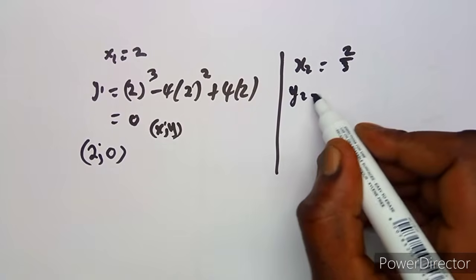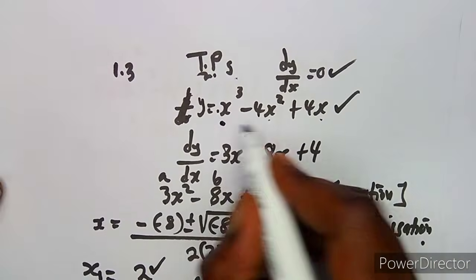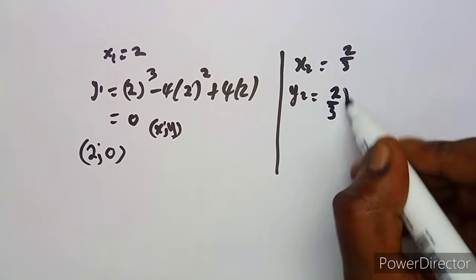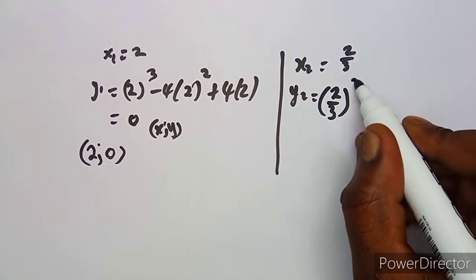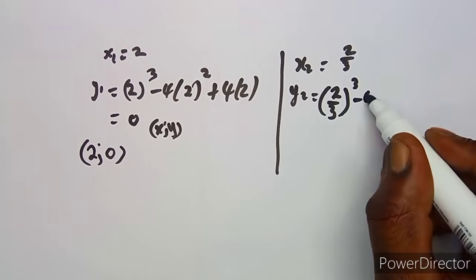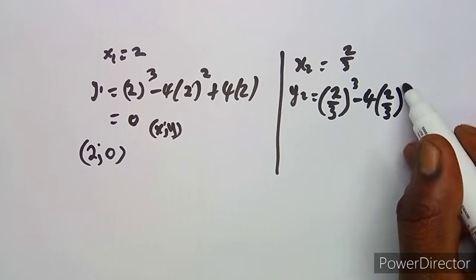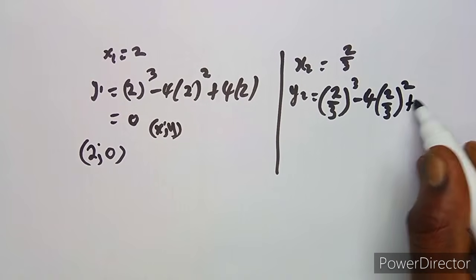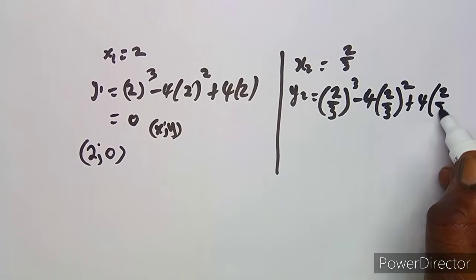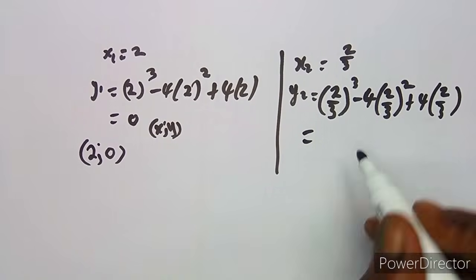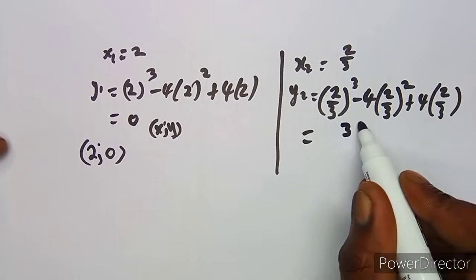We do the same for x2, which was 2 over 3. What is the value of y there? You substitute 2 over 3 in place of x. So you've got 2 over 3 to the exponent of 3, minus 4 into 2 over 3 to the exponent of 2, plus 4 into 2 over 3. You're supposed to indicate all these stages; they are very important.